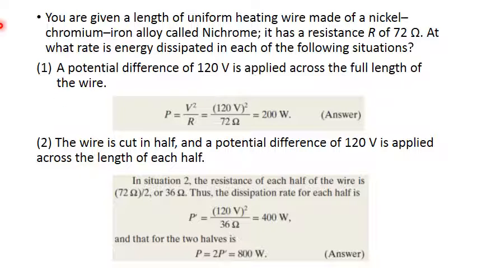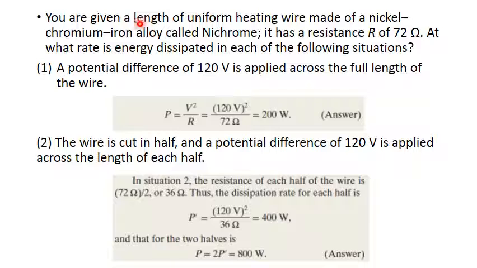As an example, you are given a length of uniform heating wire made of nickel chrome iron alloy called nichrome. It has a resistance R of 72 ohms. At what rate is the energy dissipated in each of the following situations? One, if a potential difference of 120 volts is applied across the full length of the wire.